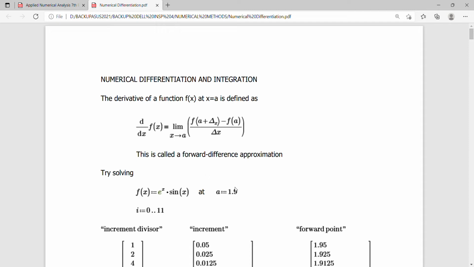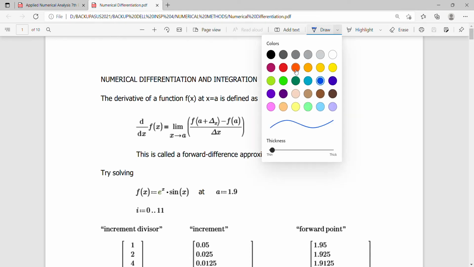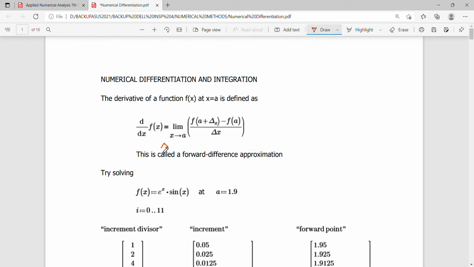Okay, so if you will notice, this is basically delta x approaches 0 was changed into an x approaches a, but they are not different.